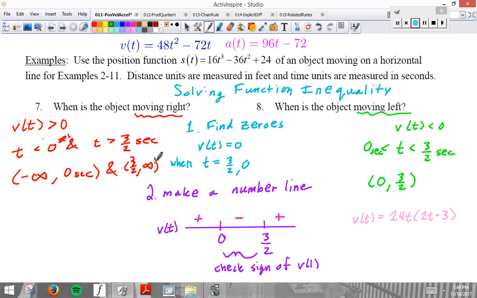The AP test will give credit for open, and it will give credit for closed in these cases, though not if you close infinity. In general, the argument is that we can say the particle is still moving left and right at 3/2, and at 0. Now, I don't agree with that philosophically. I think we mean that the particle is not moving left, nor is it moving right, so they should both be excluded. So just use open intervals, and you'll be safe. Stay safe out there.